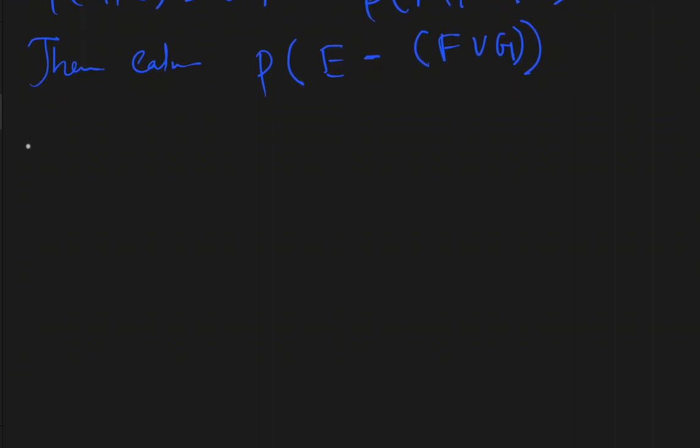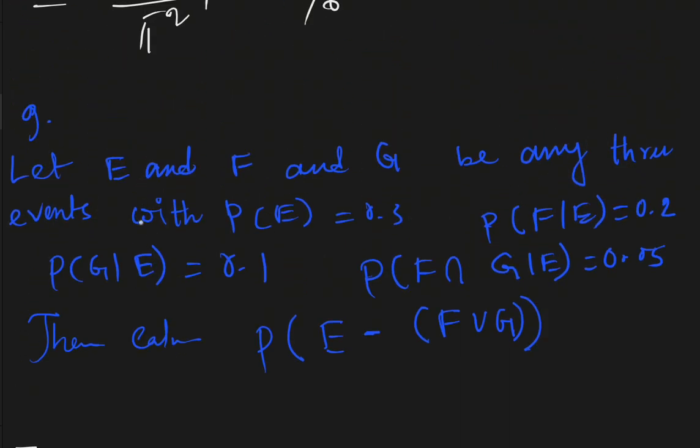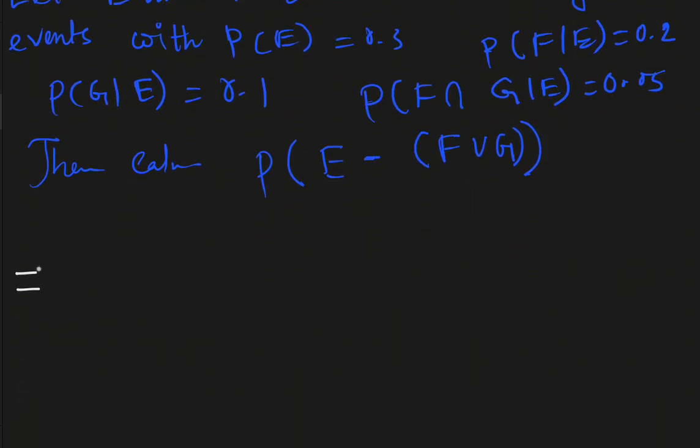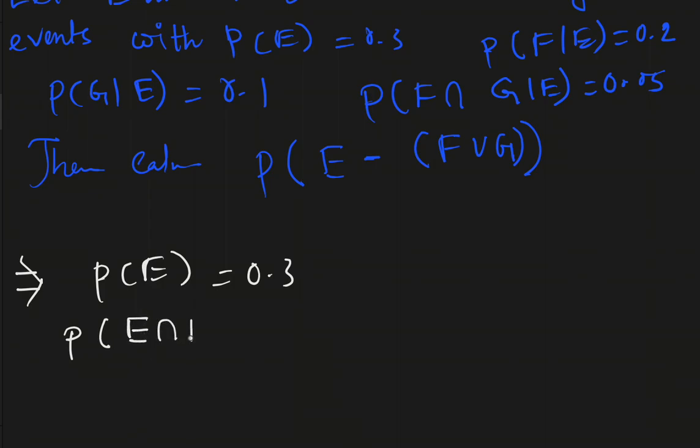So let's calculate it. First, P of E is given, 0.3. Then what is the value of P of E intersection F?